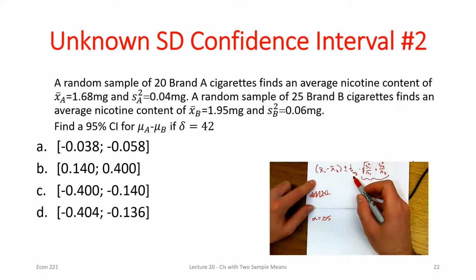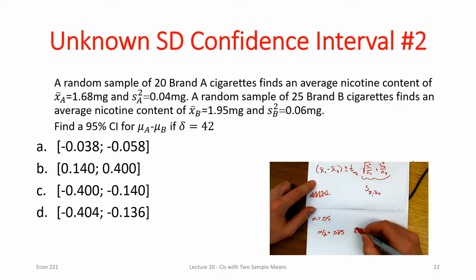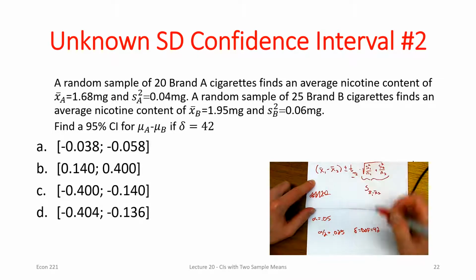There's going to be half of alpha on each side of my interval, so alpha over 2 is 0.025. I'm given this degrees of freedom of 42. This should help me look up that t-value.